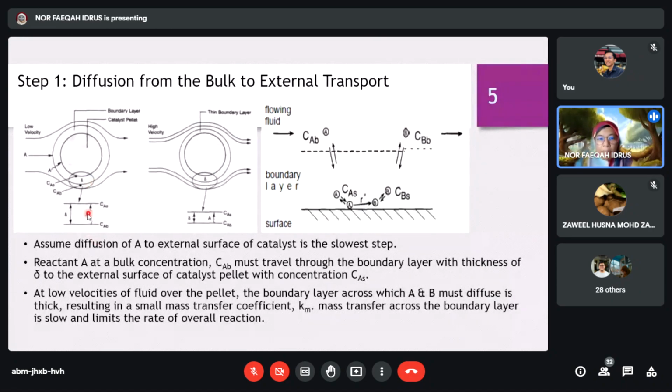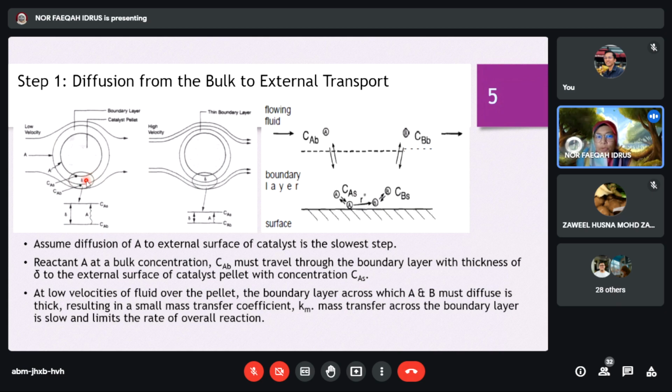Okay, sebab mass transfer from bulk fluid to the external surface ni very slow, but at the same time the reaction of the reactant to produce the product at the active catalytic surface at the external ni, okay, dekat external ni ada juga active surface of catalyst.